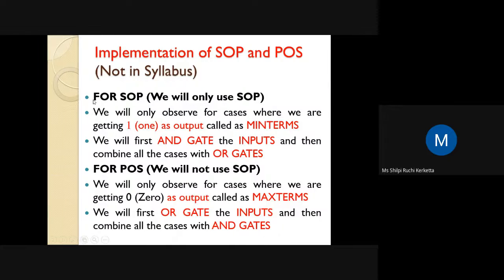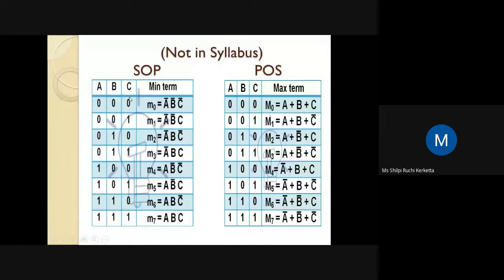So what is the rule for sum of products? We will only observe the cases where we are getting 1 as an output, called min terms. Here only inputs are there, so in the output, wherever we are getting a 1, only those cases we will consider and only those inputs we will take.